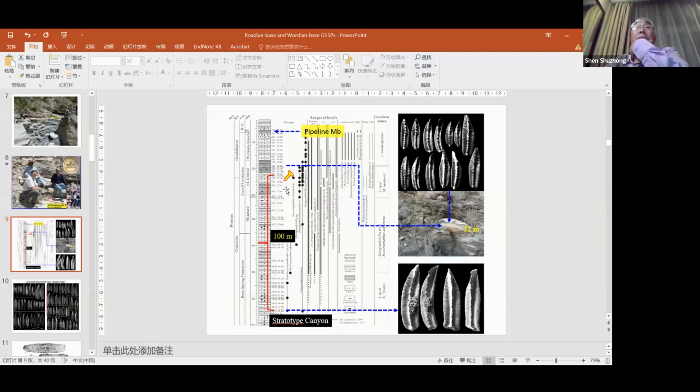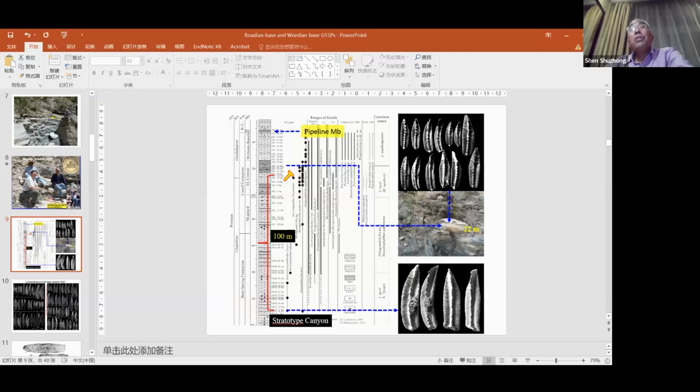And then in the GSSP sample, we didn't find a typical Jinogondolella nankinensis. Slightly above, in the black shale member, there are some carbonate nodules in the shale, and we found some conodonts with the distinct morphology of Jinogondolella nankinensis.